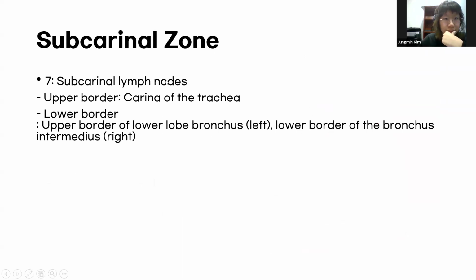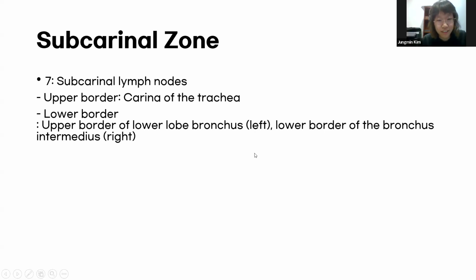The subcarinal lymph nodes are very important. Carina means where the trachea splits into two. There is a Korean girl group called aespa, and the center member's name is Karina. So remember, Karina is in the middle. Karina is the upper border of subcarinal lymph nodes.